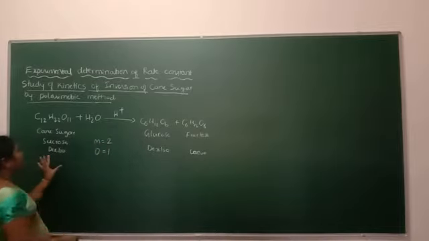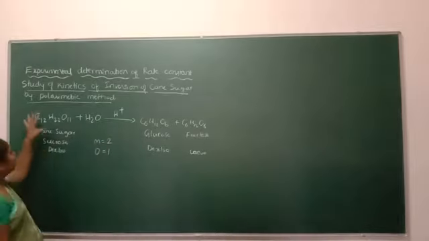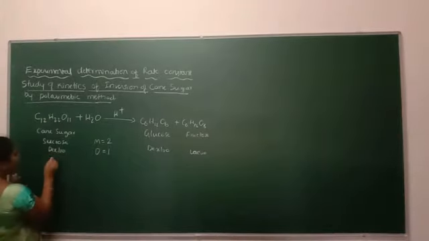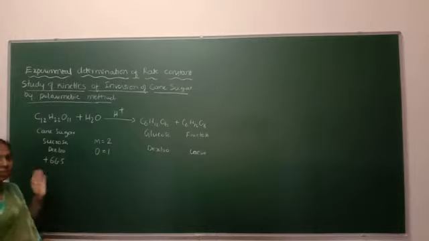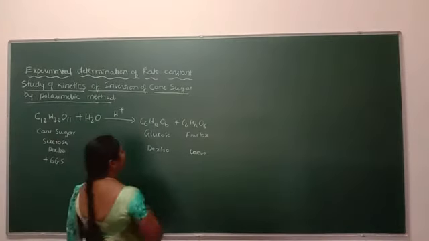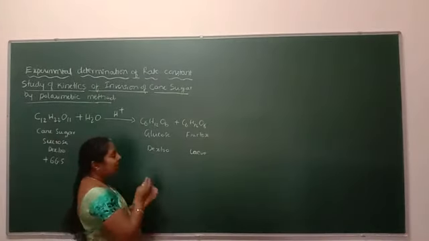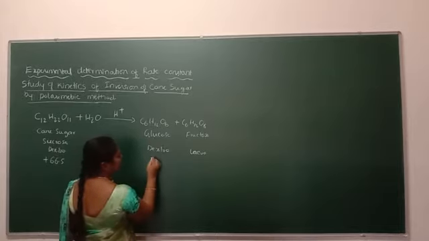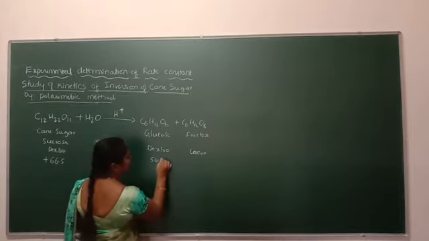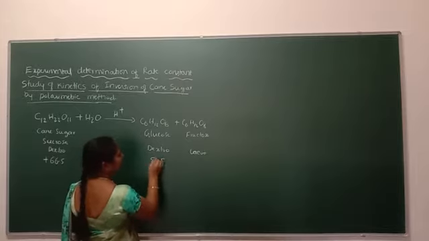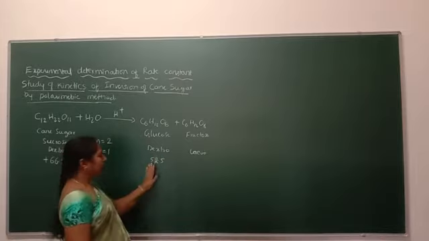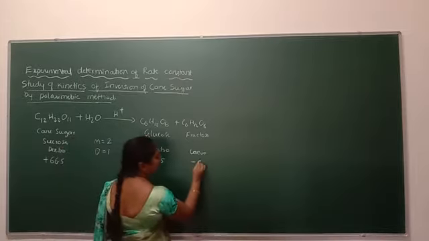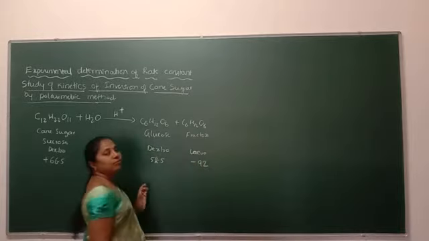The rotation of plane polarized light for sucrose is found to be plus 66.5, that is dextrorotatory. The angle of rotation is found to be 52.5 for the glucose and minus 92 for the fructose.